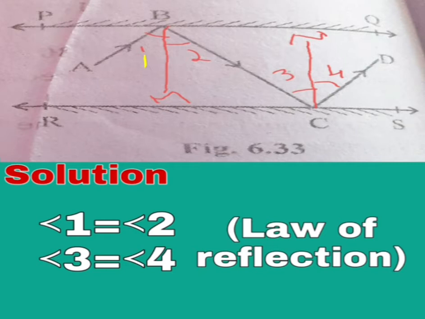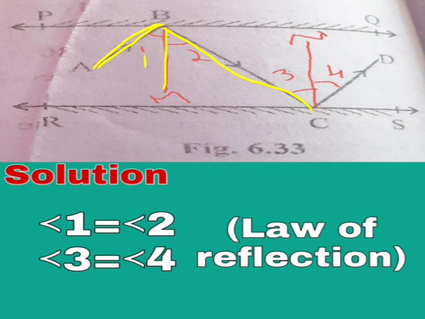Here we are using physics again, the law of reflection. With the help of the law of reflection, we can write that angle 1 is equal to angle 2, angle 3 is equal to angle 4. Remember the law of reflection: the angle of incidence is always equal to the angle of reflection, isn't it? Here, if we take the AB ray as the incident ray and BC as the reflected ray, and consider BM as the normal, you learned this in your 8th standard physics.